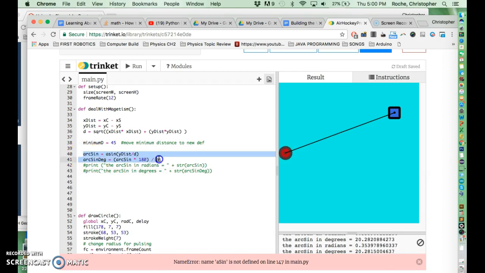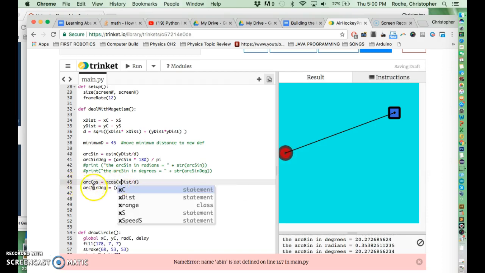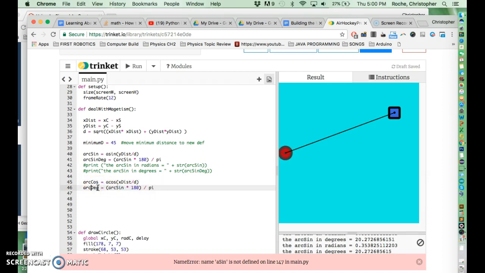What we'll do is copy these guys. I need to get these values first, so I'll call this our cosine. This is going to be the x distance. It's going to be cosine, and it does the exact same thing. And then we can just print this out again too, and we get a cosine.